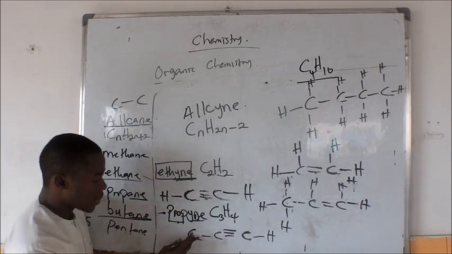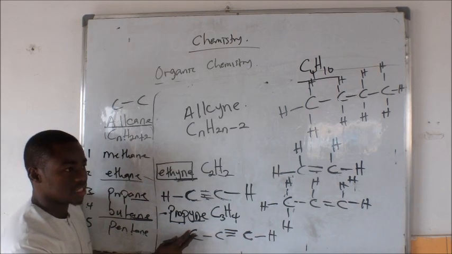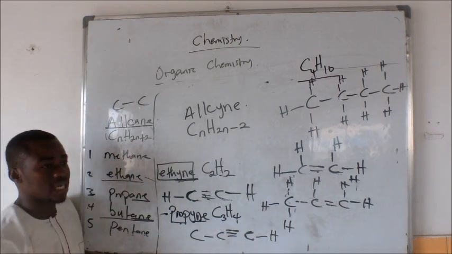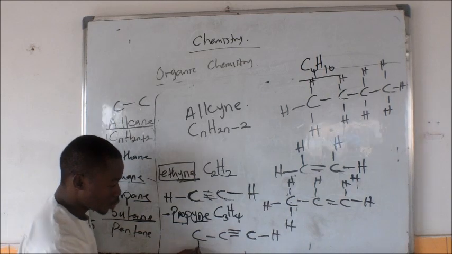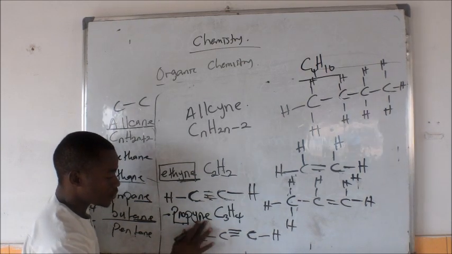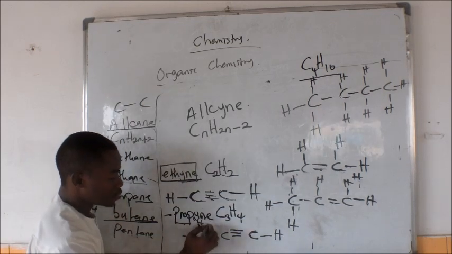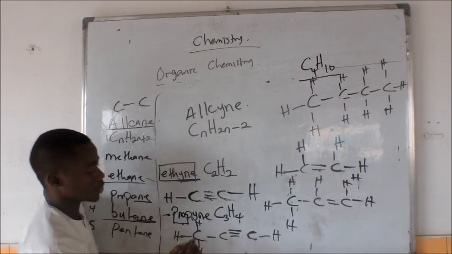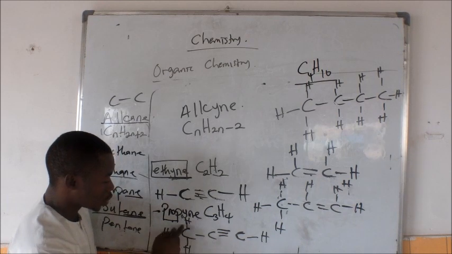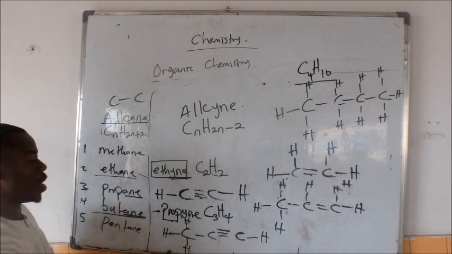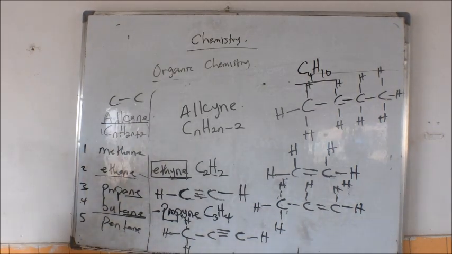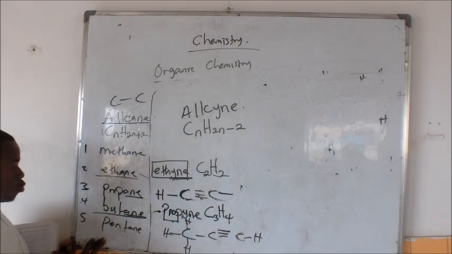Then coming here, how many bonds is surrounding carbon here already? 1. That means it needs 3 bonds. You put 1 here, you put 1 here, you put 1 here. Then you can now distribute your hydrogen. Meaning that now you have 1, 2, 3, 4 bonds surrounding the carbon.